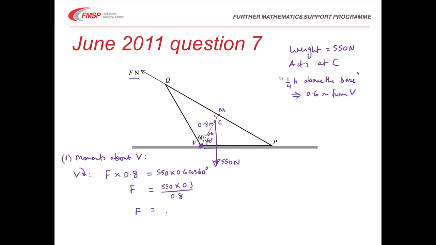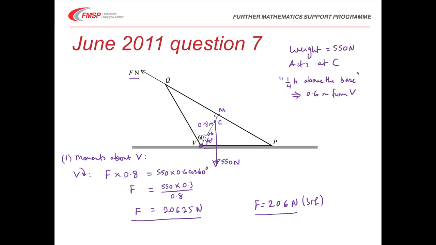Well, this particular value is 206.25 newtons. So I'm just a little bit loath to write it to three significant figures, because if I write F to be 206 newtons to three significant figures, let's just see how that fits with the wording of the question.